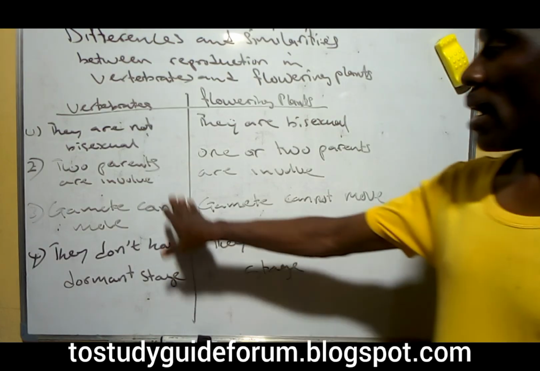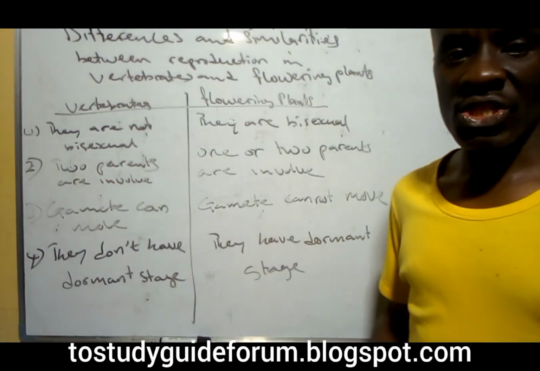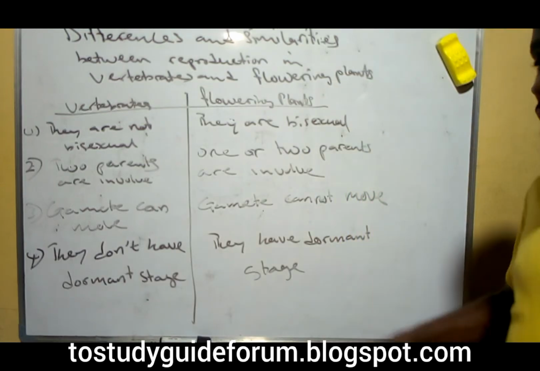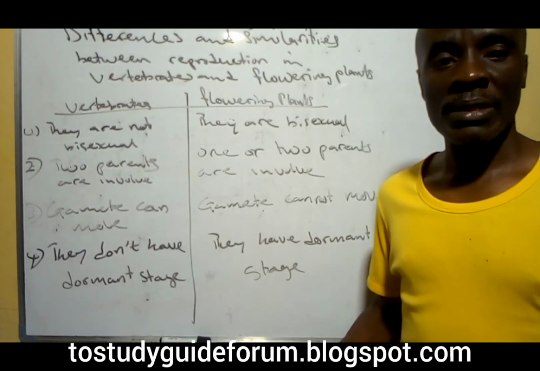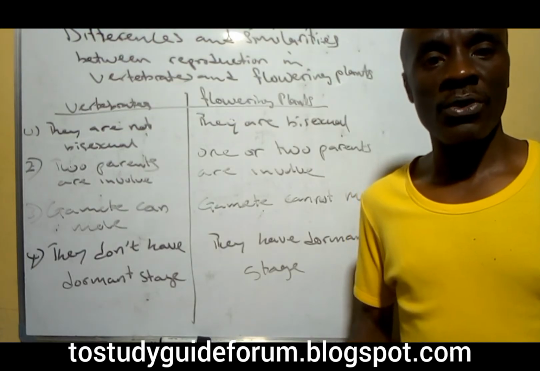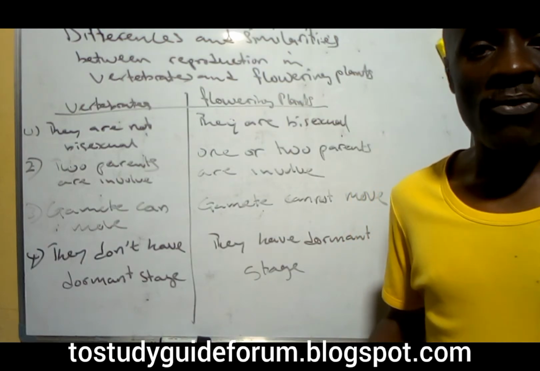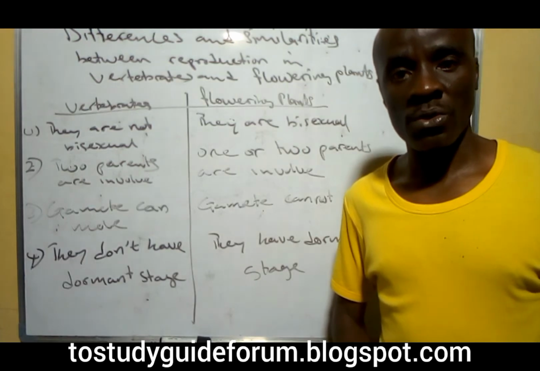For the vertebrates, they don't have a dominant stage. Remember, in plants, when the seed is formed, it will stay for a certain period of dormancy before it is able to get a favorable environment that will help it grow.